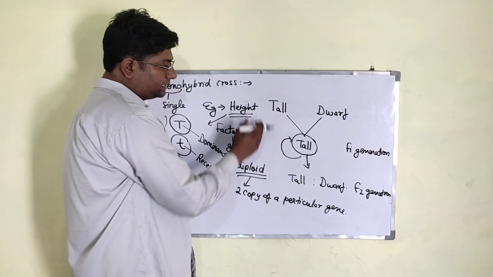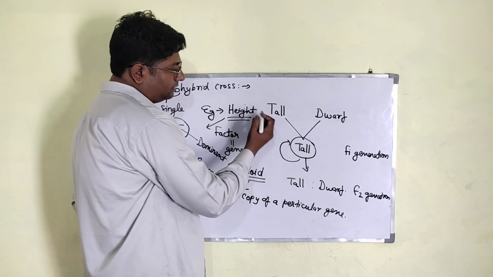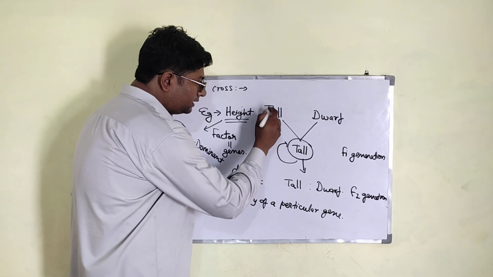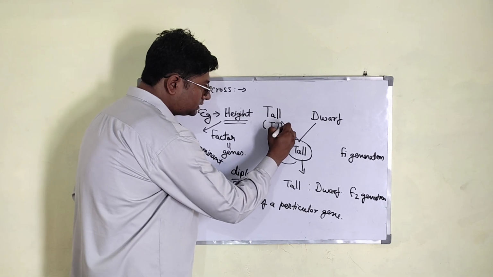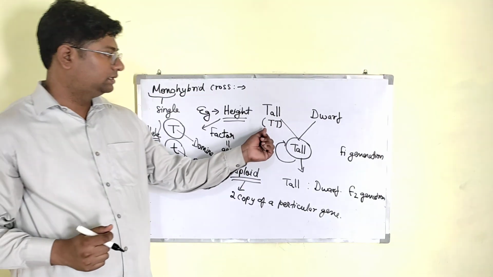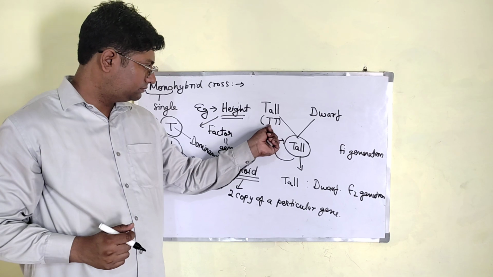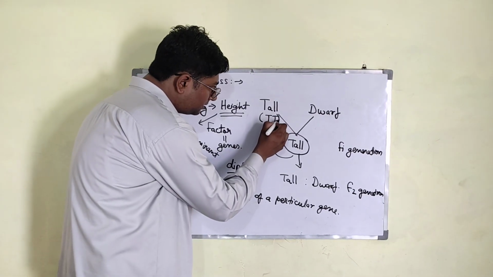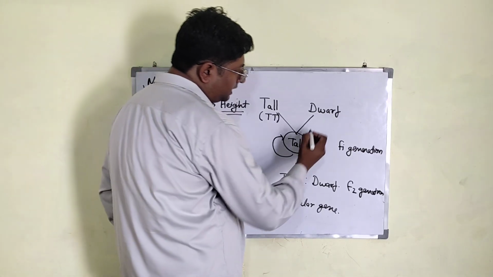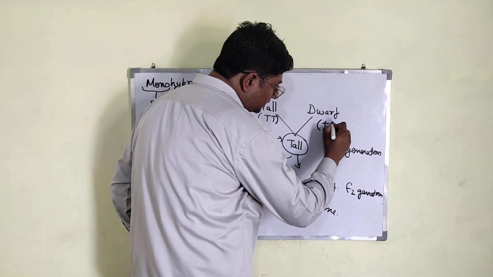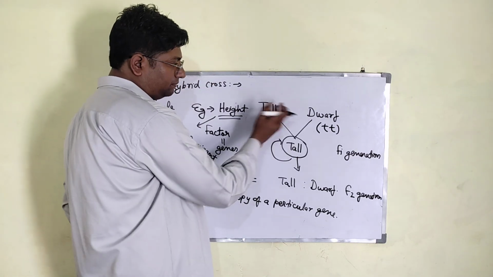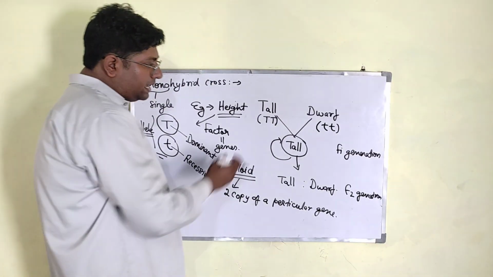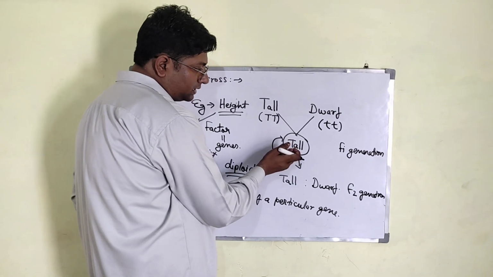In this example, as I already told, Mendel used pure lines. Pure lines means that the tall plant is homozygous, that is, homozygous means both the alleles are the same. So I am writing capital T here, and for dwarf I am writing small t. Both tall and dwarf plants are pure lines. In the F1 generation all plants are tall.